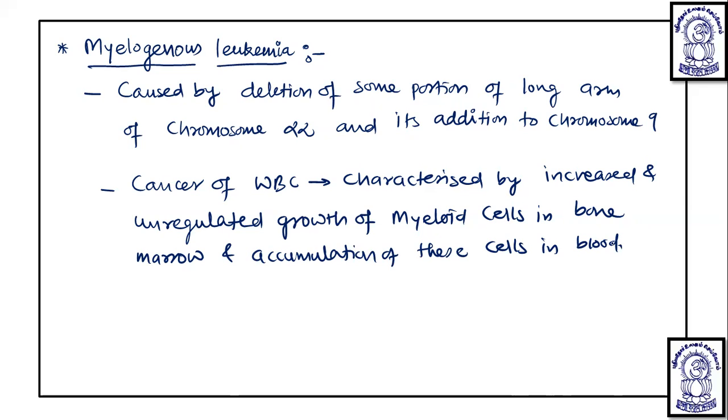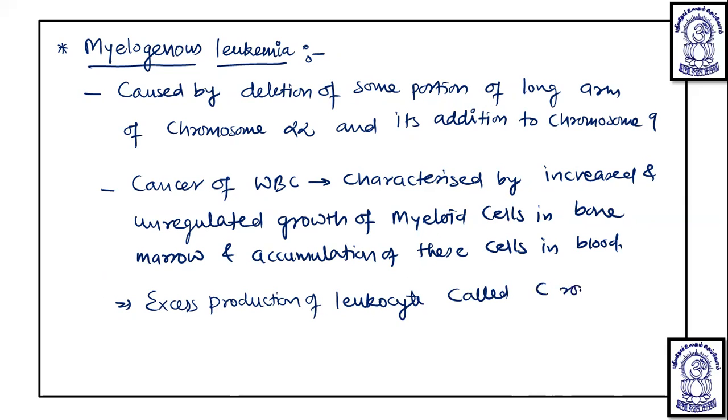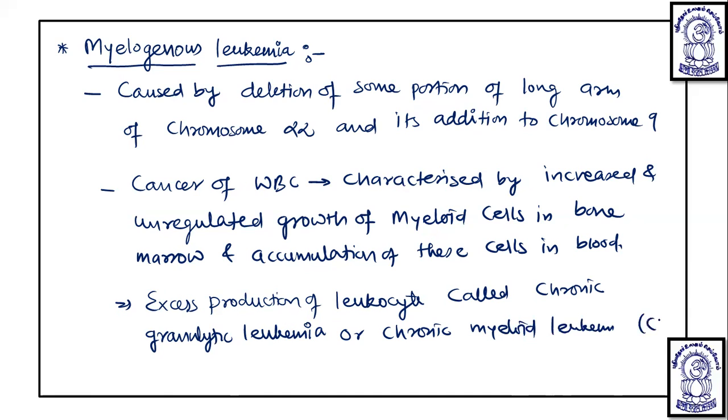So there is excess production of this WBC or leukocytes and hence it is called chronic granulocytic leukemia or chronic myeloid leukemia, that is CML.